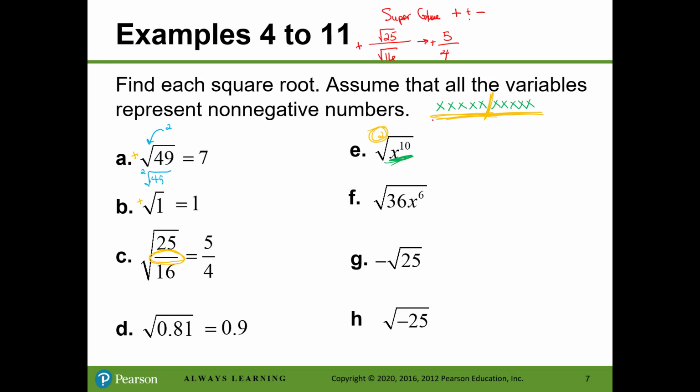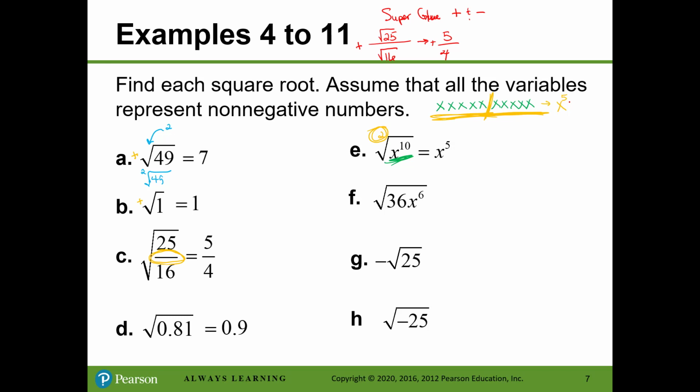I have 5 x's on the first piece, and I have the exact same number on the second piece, which means the square root of x to the power of 10 is x to the power of 5, because I have each piece with 5 x's in it. Cool?